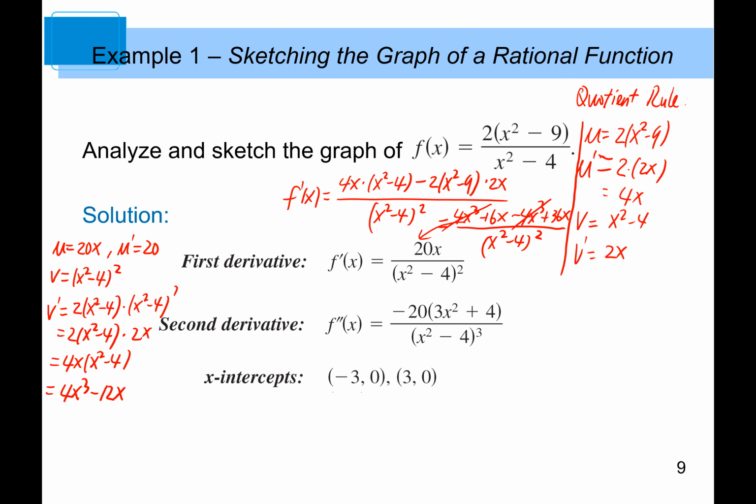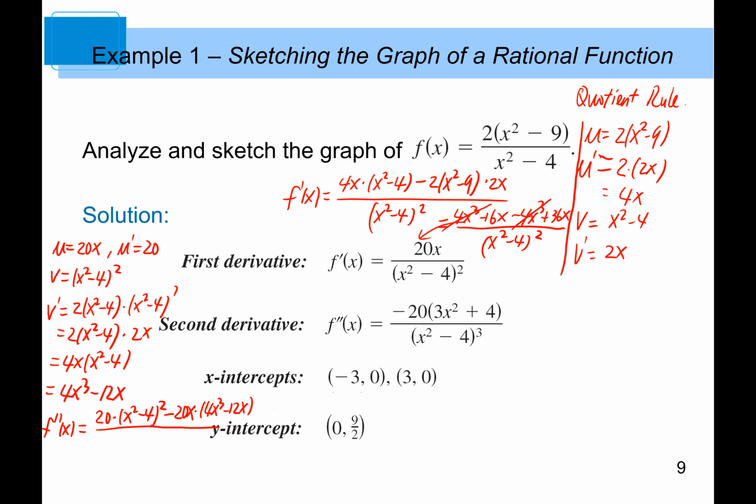Right. Now after that, we're going to put together the f double prime. Because u prime is 20 times v, which is (x squared minus 4) squared, minus u times v prime, 20x times v prime, that's 4x cubed minus 16x.